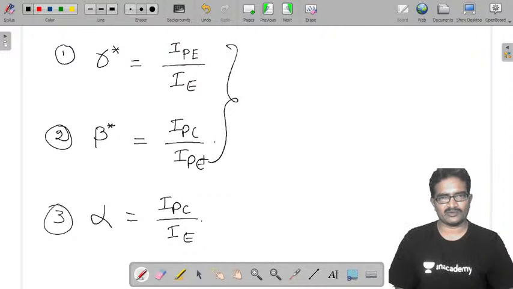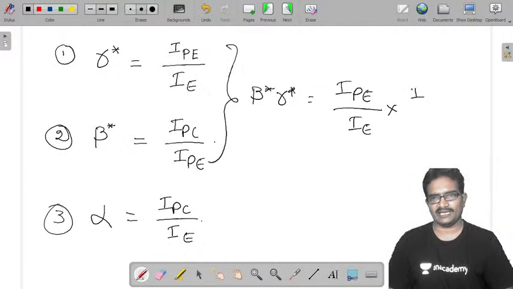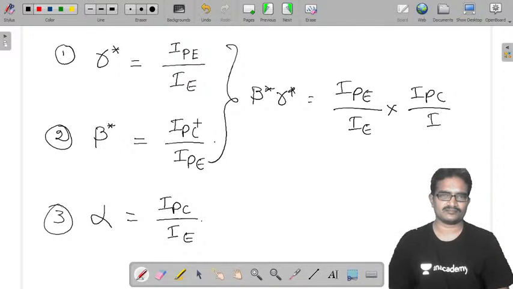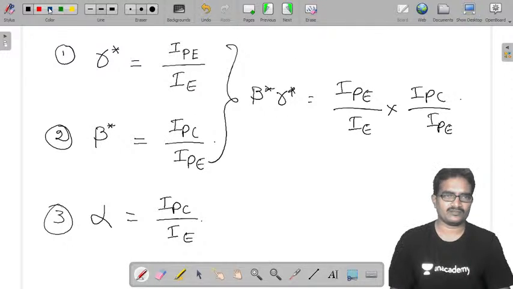So just here I am going to multiply these two, beta star into gamma star. Just multiply this. IPE by IE into IPC by IPE. Now this IPE gets cancelled.